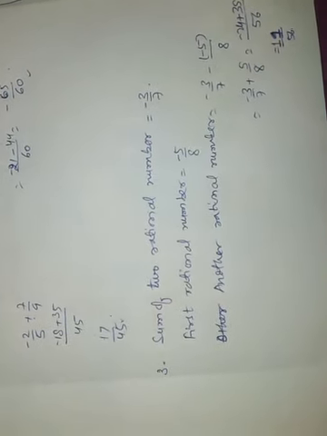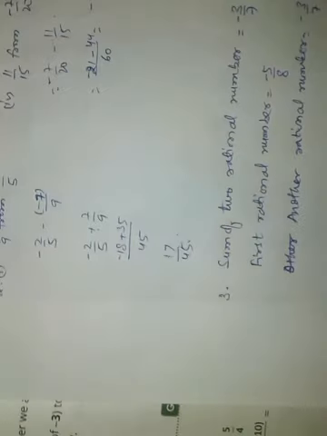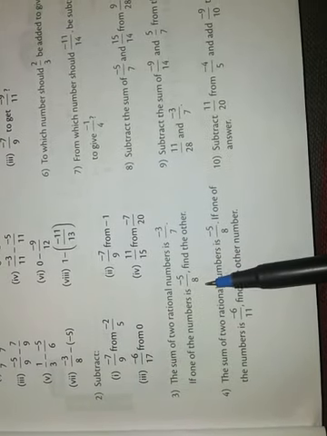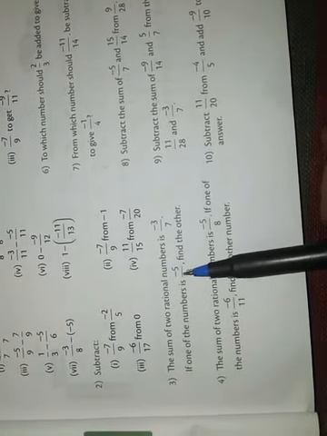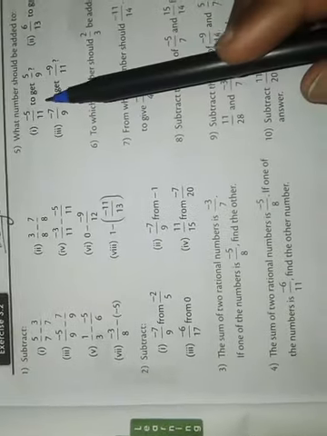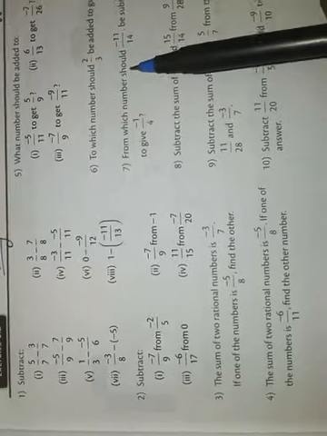Now we move further. Let's look at question number 3. The sum of two rational numbers is minus 3 by 7. If one of the numbers is minus 5 by 8, find the other number. We have to find another number; the sum is given to us and one number is given to us. Questions 3, 4, 5 and 6 are all the same type.